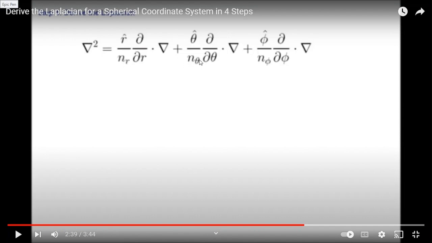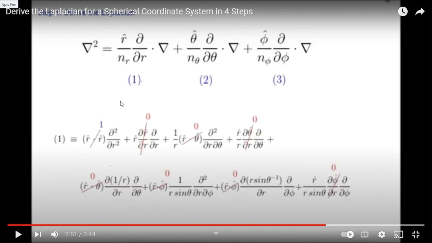This n sub theta is equal to r down here in the denominator, and this is equal to r sine. This screen should look familiar. This is the item that we've already worked through, and then it just comes out to be the second derivative with respect to r squared because of all these other zeros that occur.